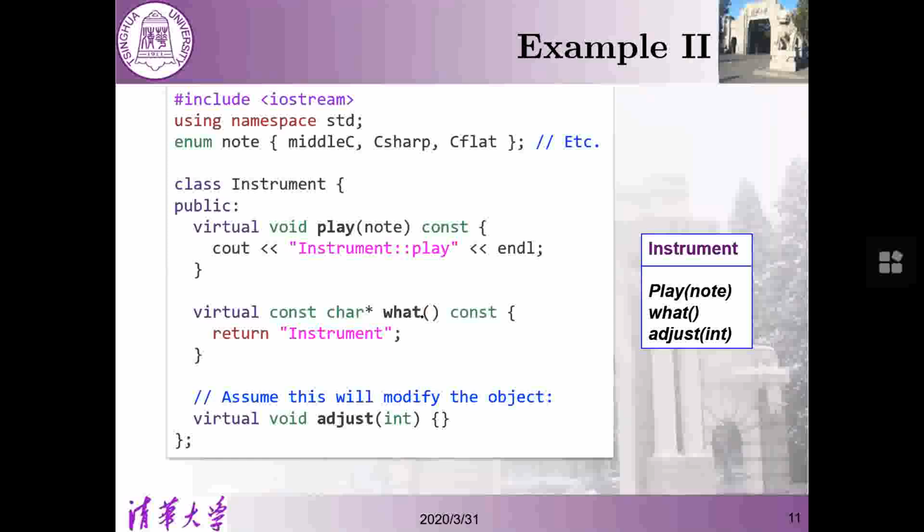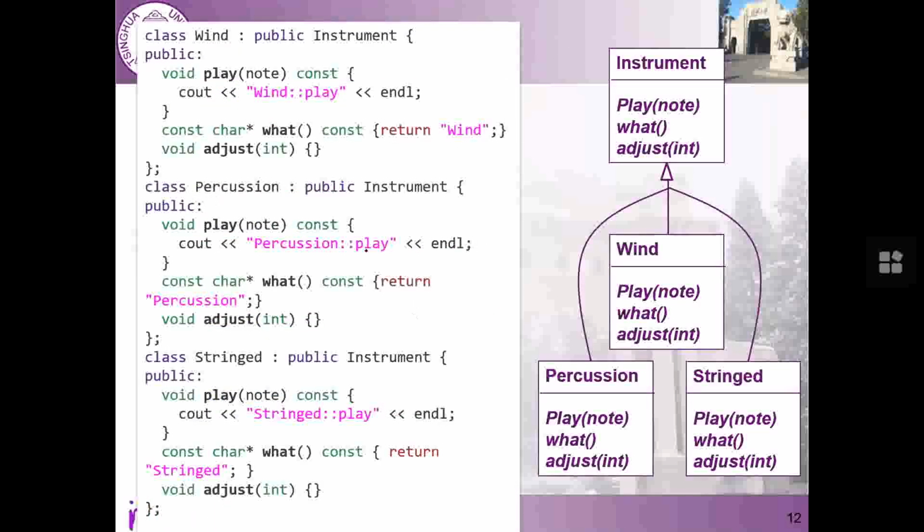Here's another example. We have class instrument, and then we have some virtual functions, like this. And then in class wind, we override these virtual member functions.